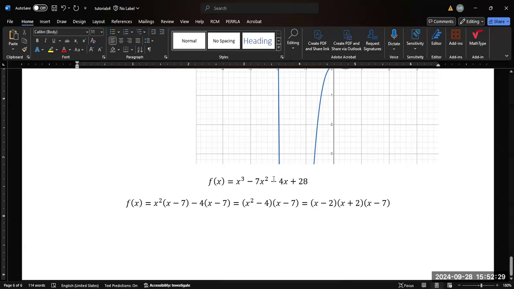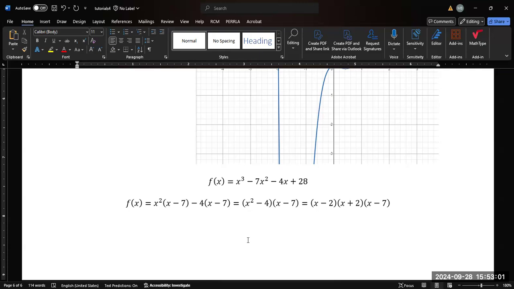Now, with the negative sign that I originally started with, that would not factor properly, and so then I would have had to start guessing possible zeros: plus or minus 1, plus or minus 2, plus or minus 4, plus or minus 7, plus or minus 14, plus or minus 28 would all be viable possibilities that I would have to test to see which one worked.